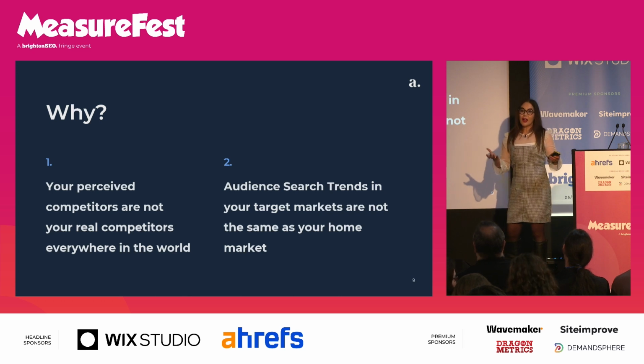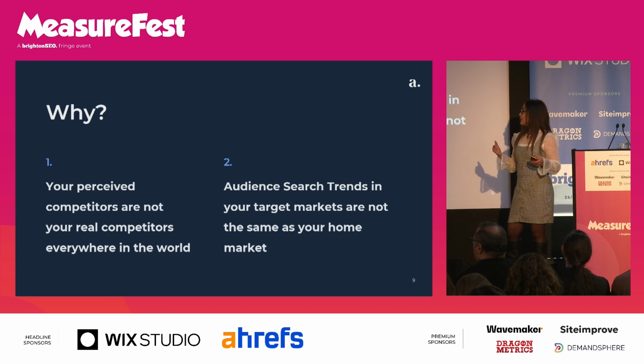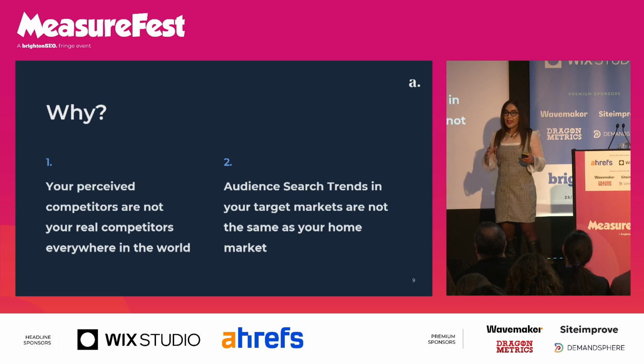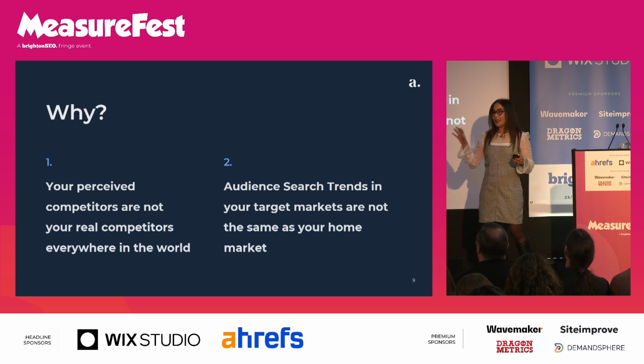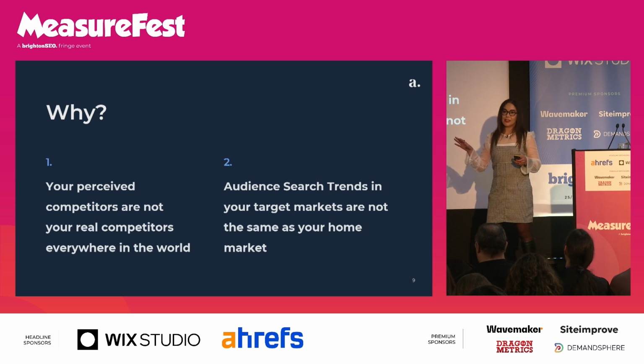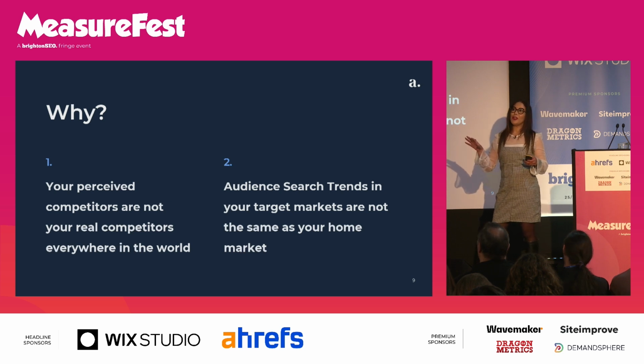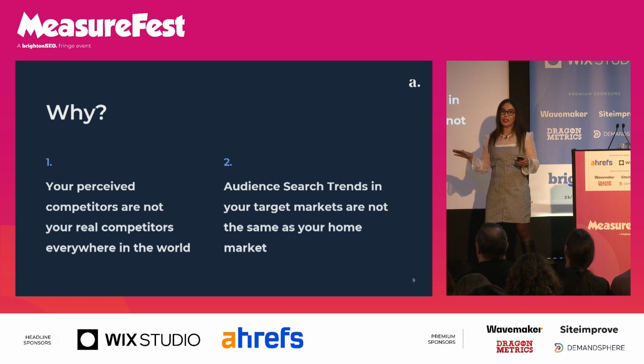And some others are the competitors that you already know. However, what is also very important is the search trends. Once you identify your local competitors, you need to turn to your audience, because whatever way users search in your home market, that's not exactly the same way other users are searching.